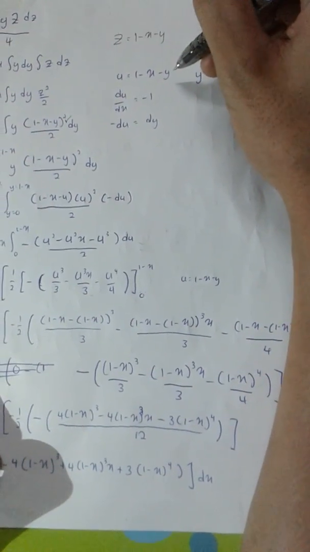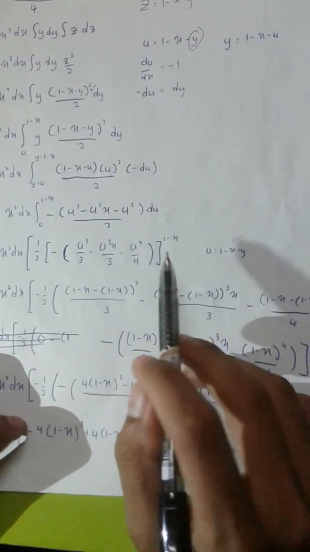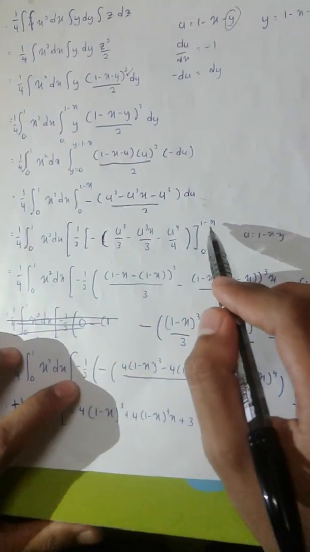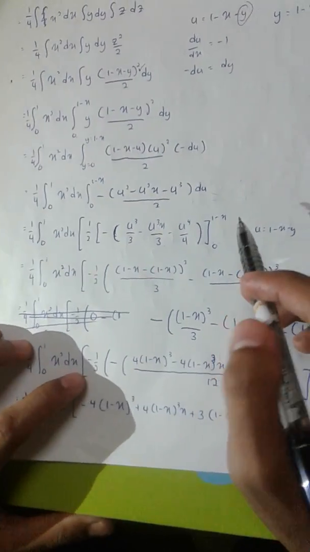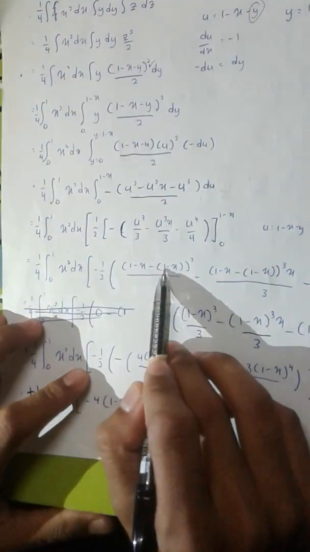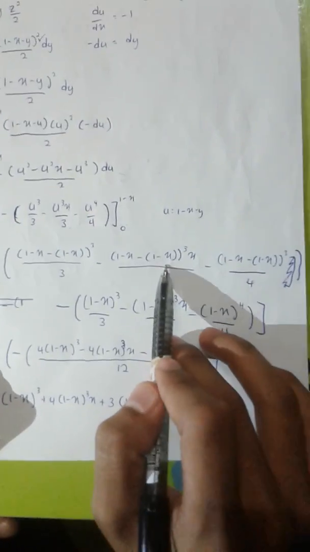Then we substitute y with the limits as we have put before, which are 1 minus x and 0. From here we can see that 1 minus x minus 1 minus x, the result will be 0. Also this and also this. So the whole expression will be 0.